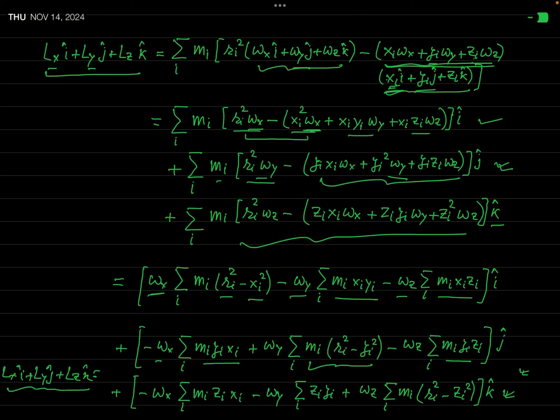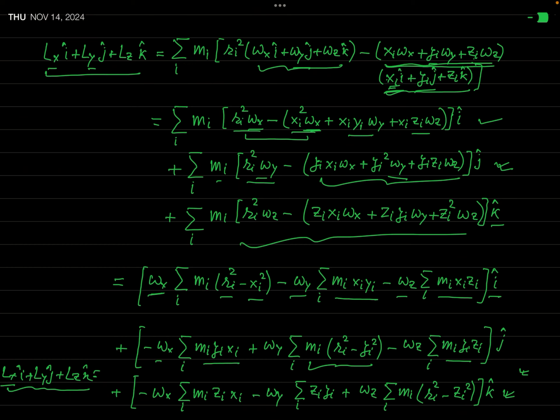So see, L_x is the x component of the vector in the LHS. What is the x component of the vector in the RHS? You can easily say the coefficient of unit vector i is the x component of the vector in the RHS. So L_x will be equal to what?